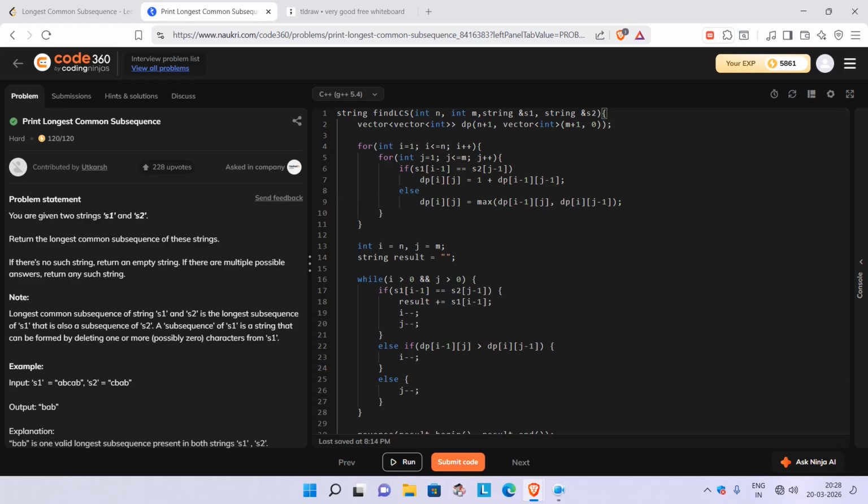First of all, I have to make our DP table. So I made DP of n plus 1 by n plus 1 to handle all of the base cases, all of the edge cases, so that it doesn't exceed the bounds. Now we traverse from i equal to 1 to n.